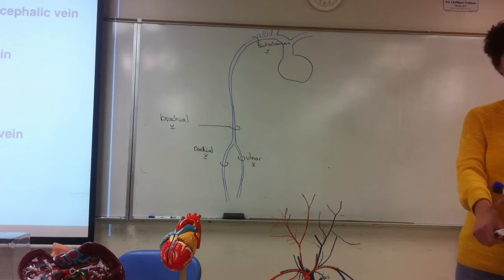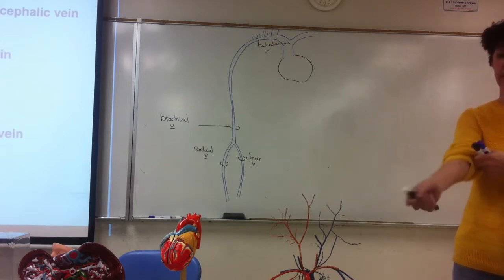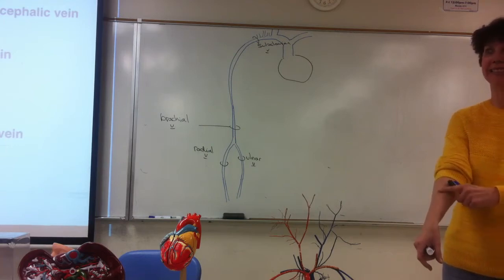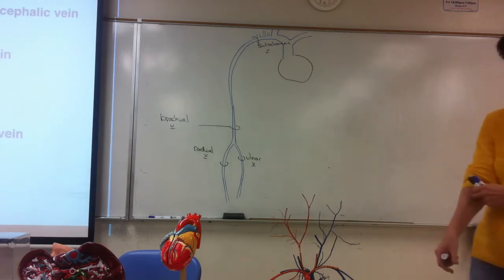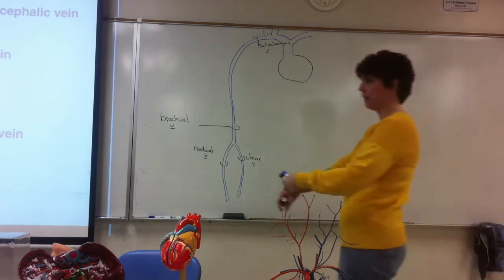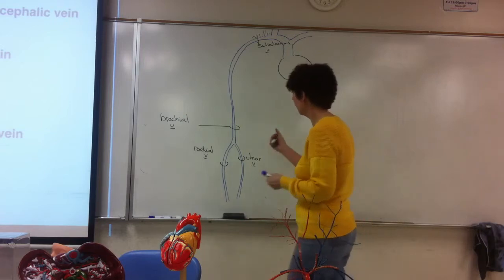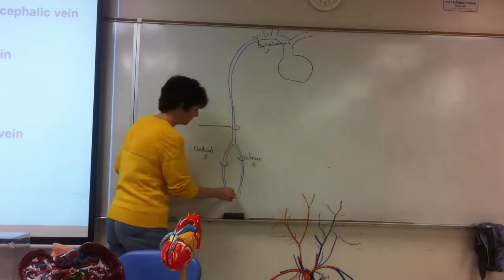Towards the thumb it is going to give rise to this vessel right here, which is known as the cephalic vein. So the cephalic vein is lateral. Starts across the back of the hand and then travels up the lateral aspect of the forearm. So I'm going to draw that over here.